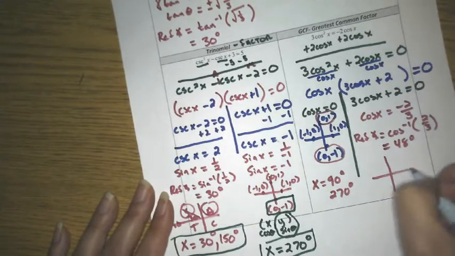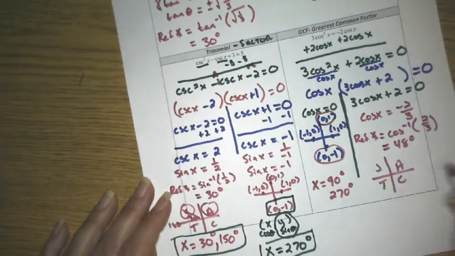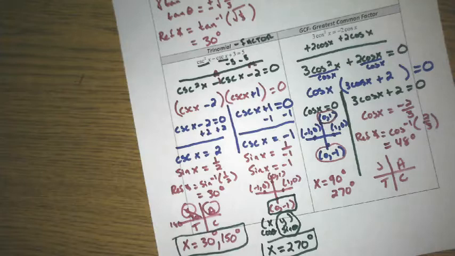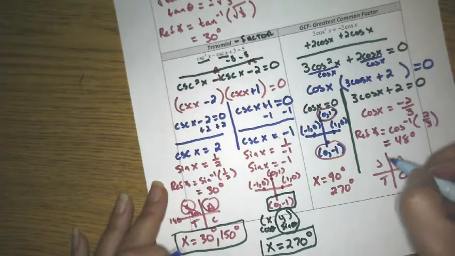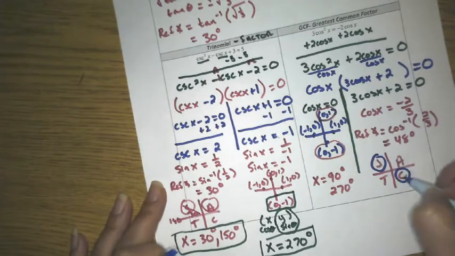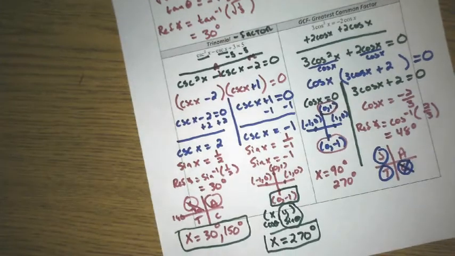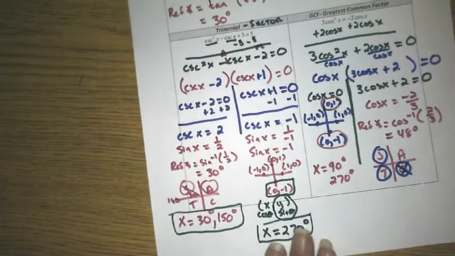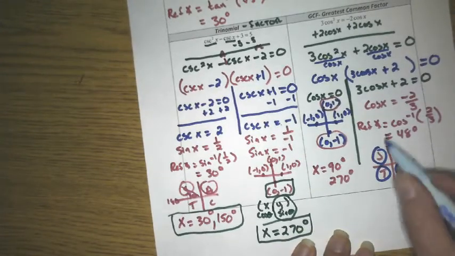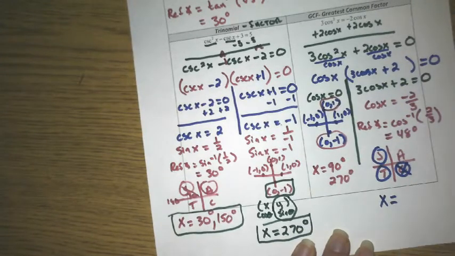I want to think about what quadrants I'm in. Remember, cosine is negative in the second and in the third. Now I'm just going to find those angles. Again, x is my answer for the angles.